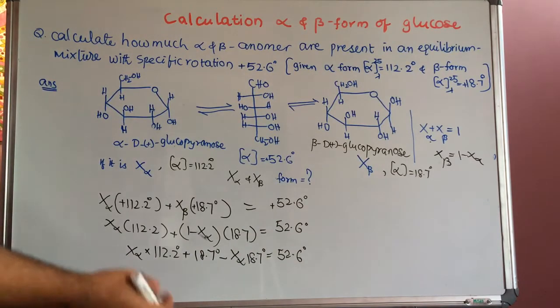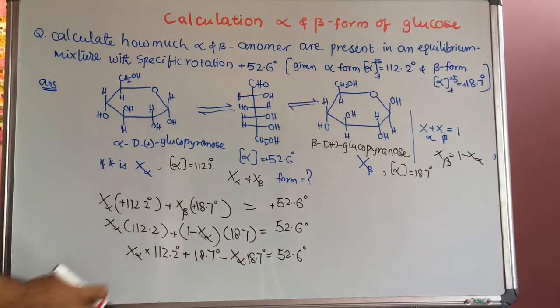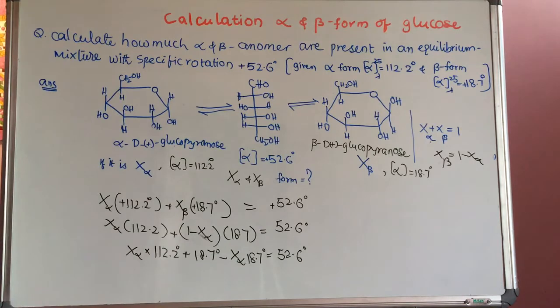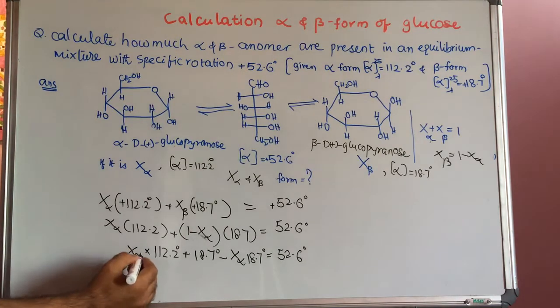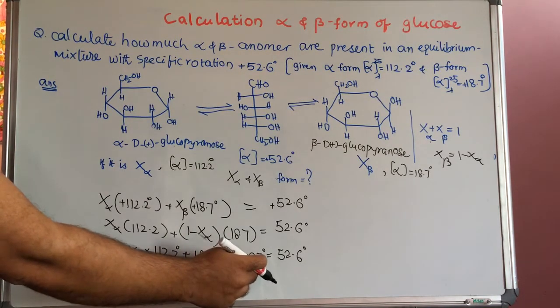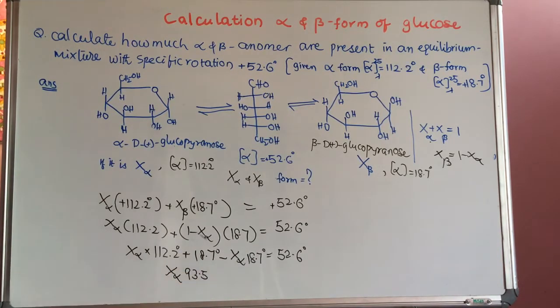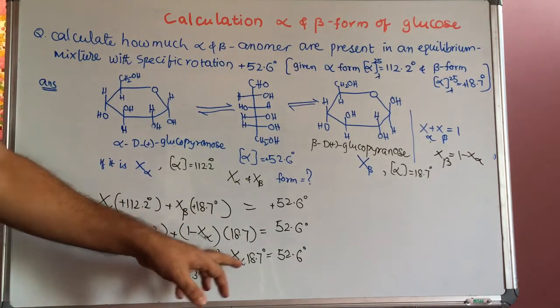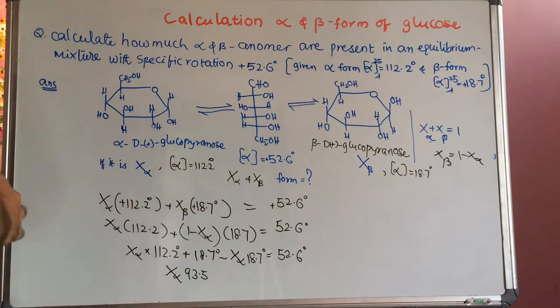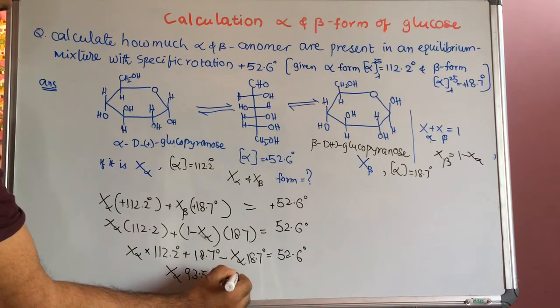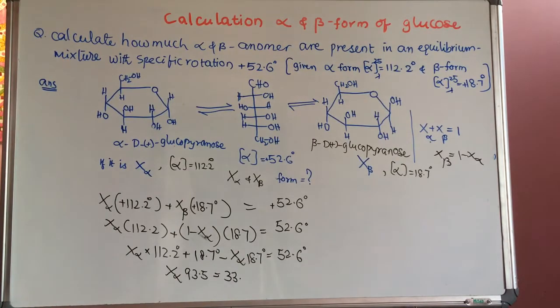If you separate the terms in x alpha, it is 112.2 minus 18.7, that equals 93.5. So x alpha into 93.5. Next, 18.7 is shifted to the right side, then 52.6 minus 18.7 equals 33.9.